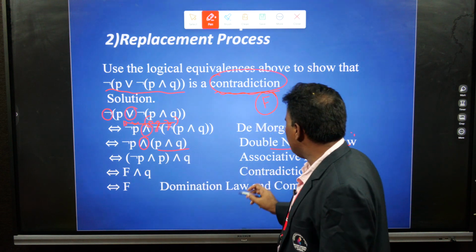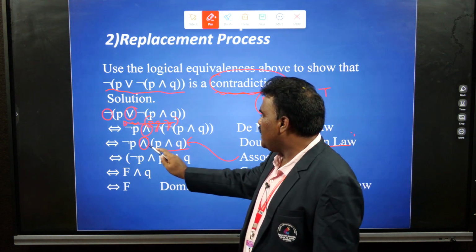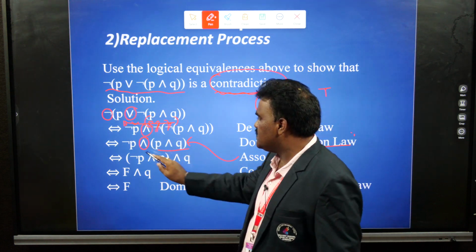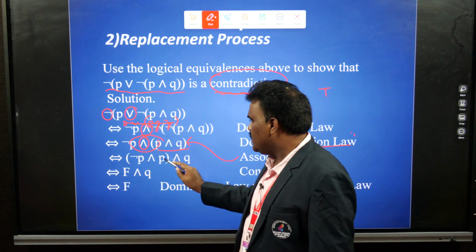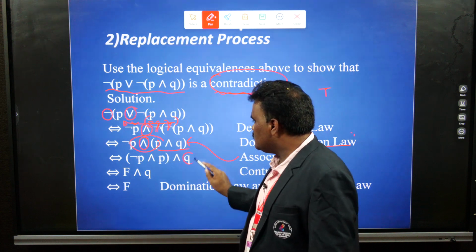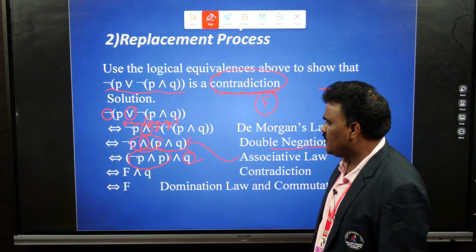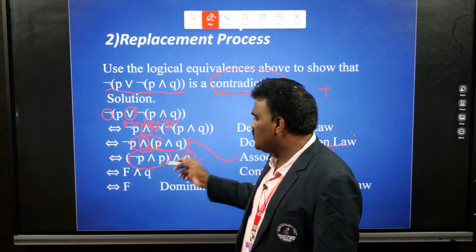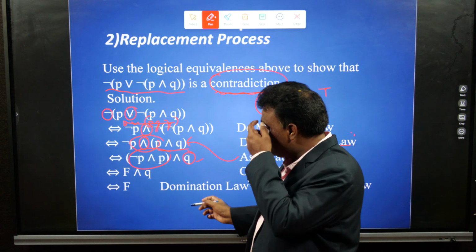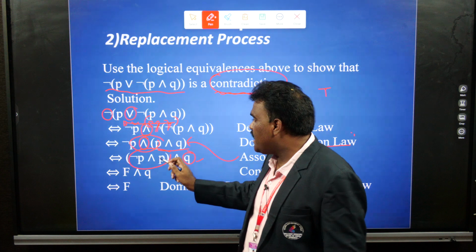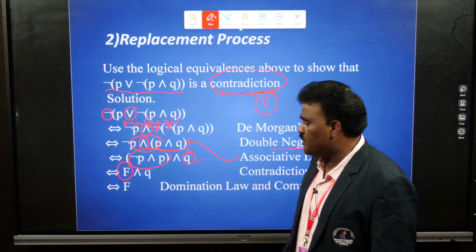Now again we can simplify using the associative law for this statement. Then negation P and P and Q can be represented by combining these two statements, and Q is the additional one. According to the domination law and commutative law, negation P and P is said to be false.